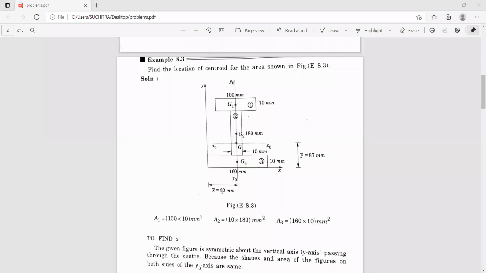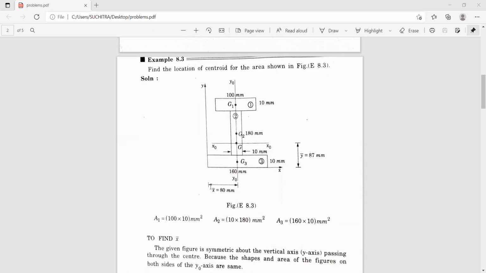Or else, to begin with, you can calculate x1, x2, x3, and then you can find a1, a2, a3. Then you can use the equation x bar is equal to (a1 x1 + a2 x2 + a3 x3) divided by (a1 + a2 + a3). Finally, you will get the same answer, that is x bar is equal to 80 millimeters. If you have the knowledge of selecting whether the figure is symmetrical about x-axis or y-axis, you can avoid one step.